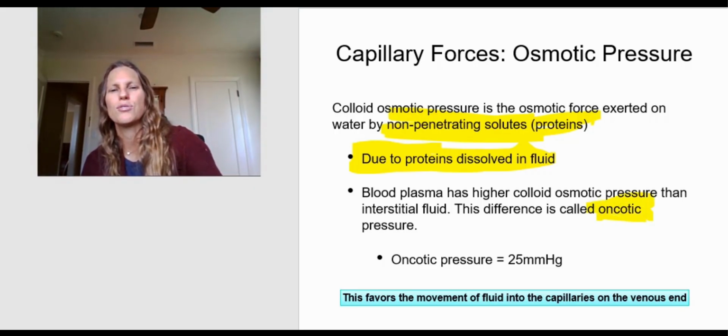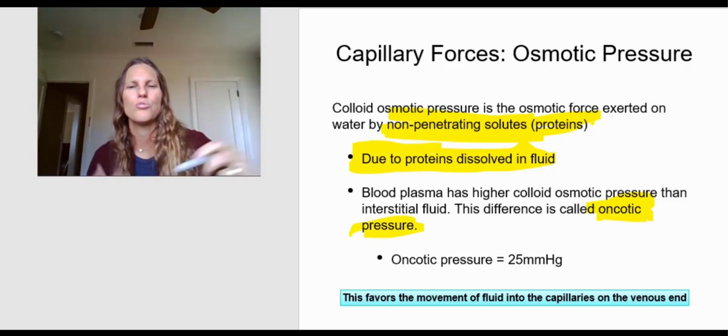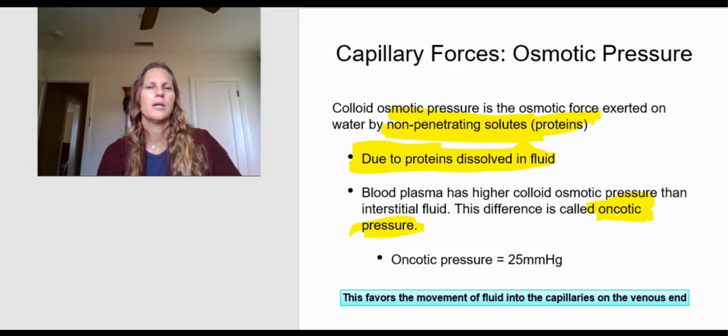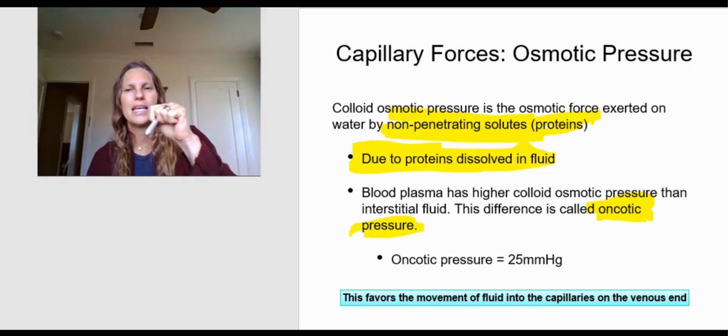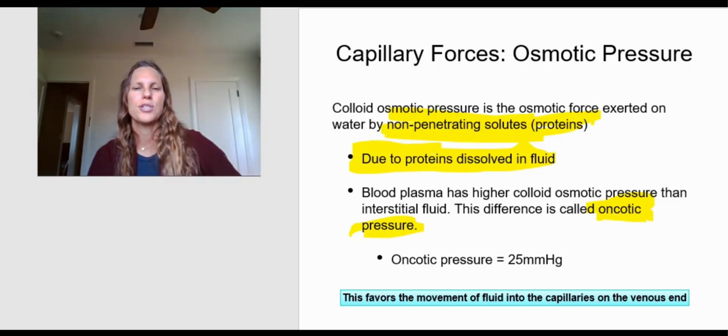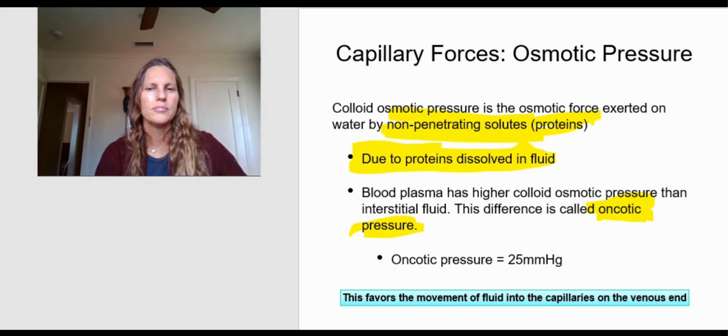Sometimes you'll see these things used a little bit interchangeably. So oncotic pressure is roughly 25 millimeters of mercury. And again, that's the difference between the pressure generated by the protein inside the capillary versus the pressure generated by the protein outside of the capillary.